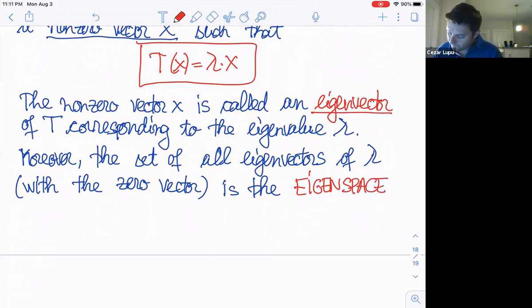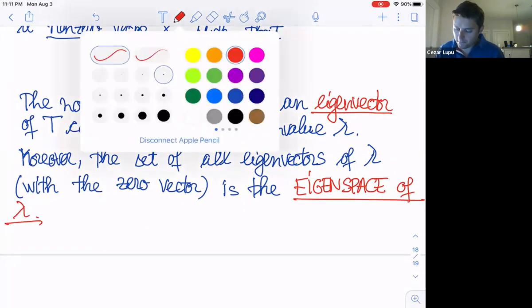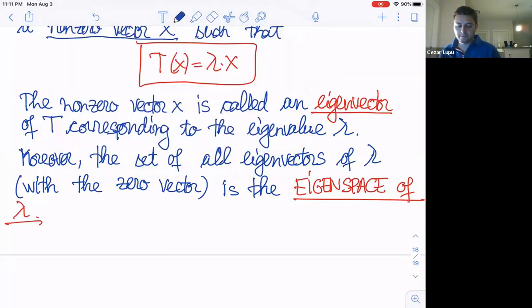And now I would like to see just an example, and I think probably we'll stop here and I'll do another lecture separately about the diagonalization. So this is the eigenspace of lambda.